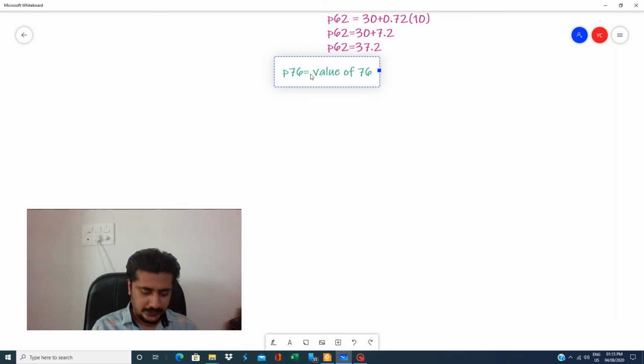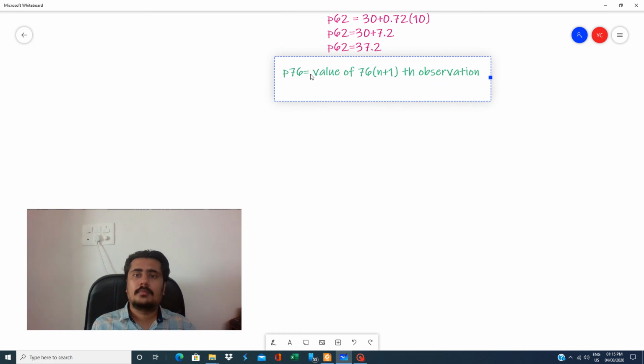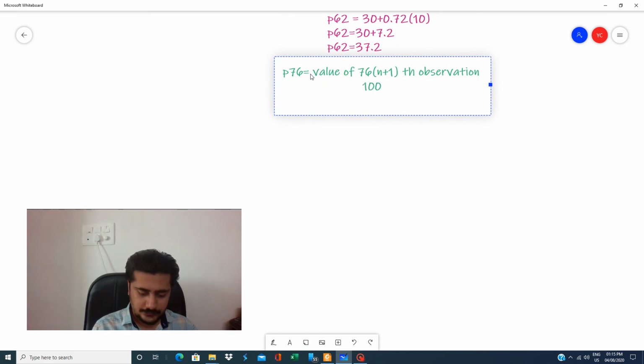P76 is value of 76 into n plus 1 upon 100th observation.